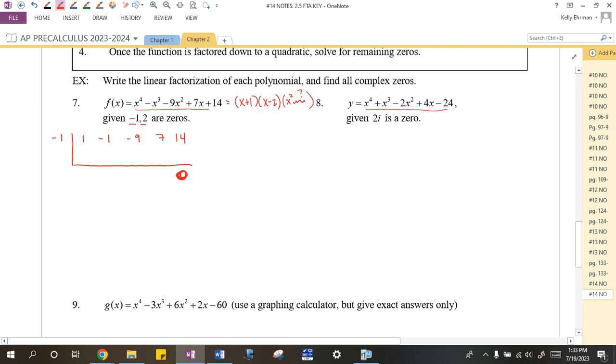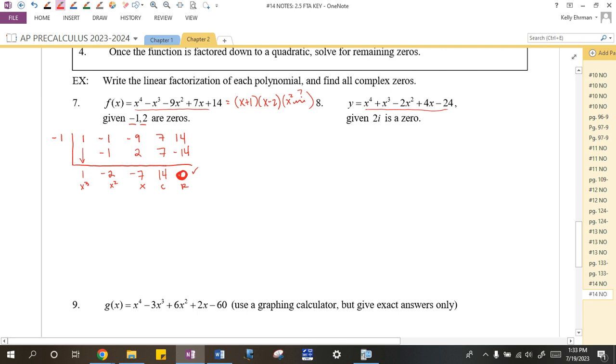So that's going to get us closer to being able to solve. All right, so let's remember how this goes. You drop down the first number, and then you multiply and add, multiply, add, multiply, add, multiply, add. And this represents remainder, constant, x squared, x to the 3rd.